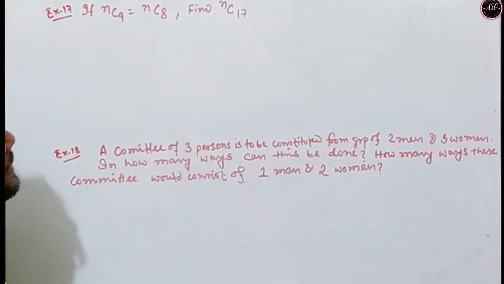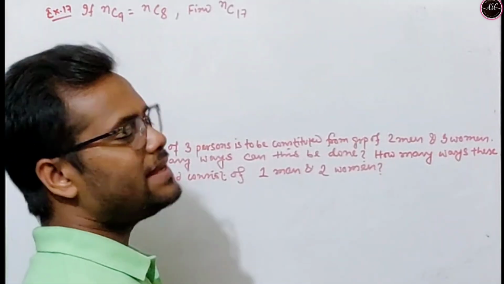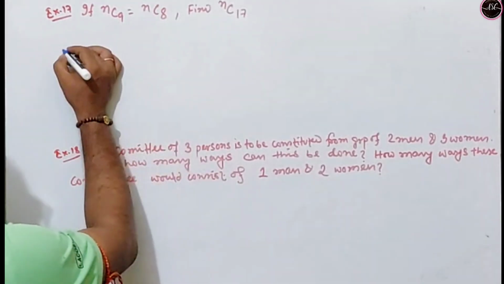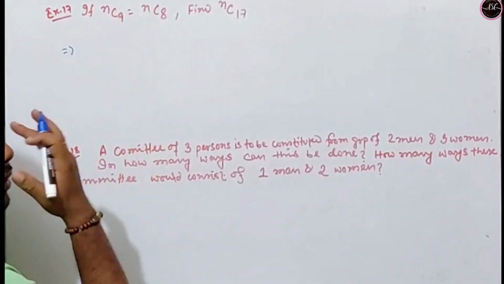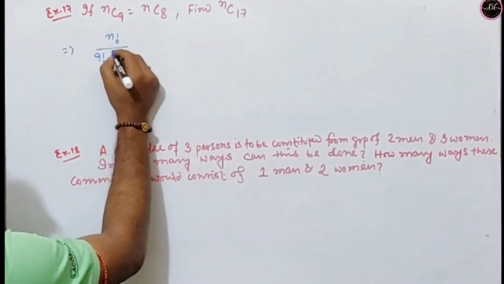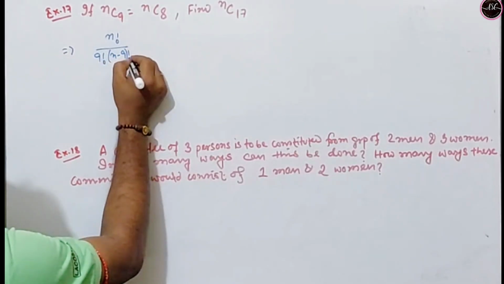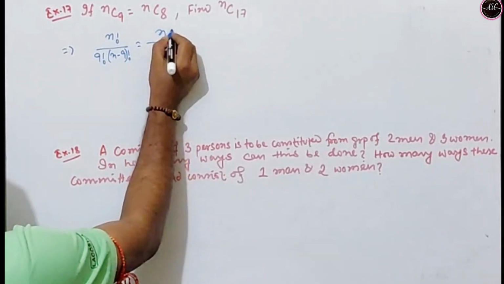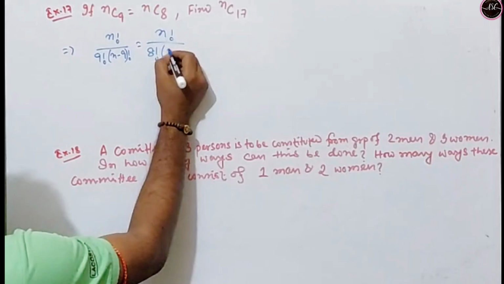Just look at this. Here, if nC9 equal to nC8, find nC17. So we first apply the formula. nC9 equal to n factorial divided by 9 factorial into (n minus 9) factorial, and this also n factorial divided by 8 factorial (n minus 8) factorial.